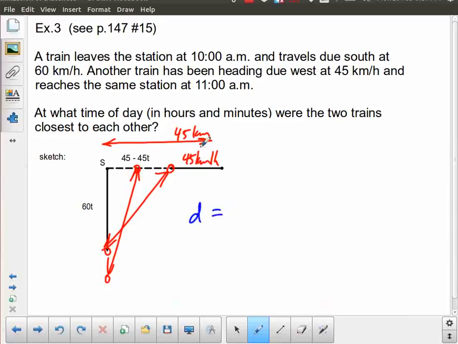And in this case, we end up with the x-coordinate of this first train, which is 45 minus 45t.